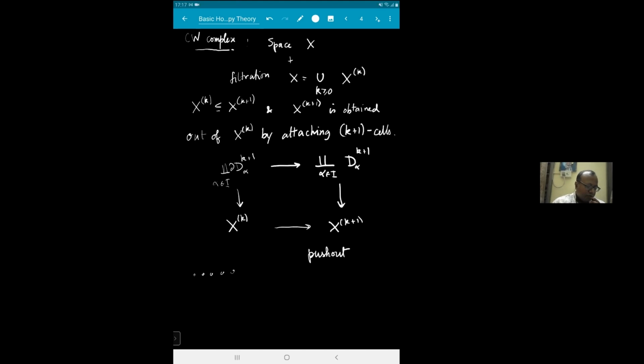Let's not bother too much about that. So that's a CW complex. It's our category of nice spaces. And okay, now back to homotopy groups.